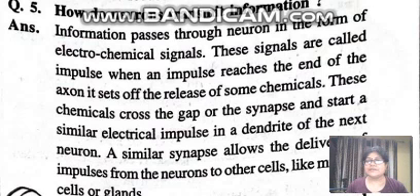And it starts a similar electrical impulse in the dendrite of the other neuron. That means when the information reaches one neuron, it passes to another neuron with the help of dendrites. In this way, information is transmitted from one neuron to another with the help of the synapse.